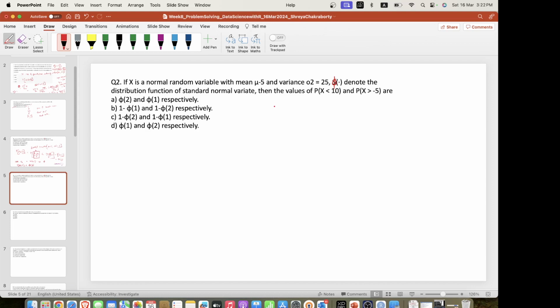So now you have probability x greater than or equal to minus 5. So this means again probability (x minus mu) by sigma greater than (minus 5 minus 5) by 5.